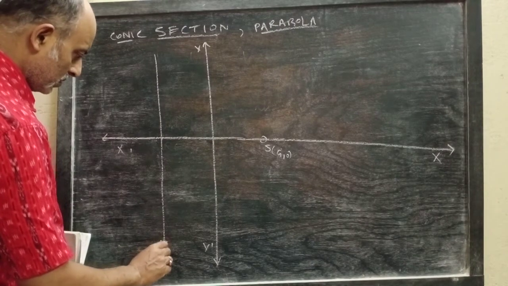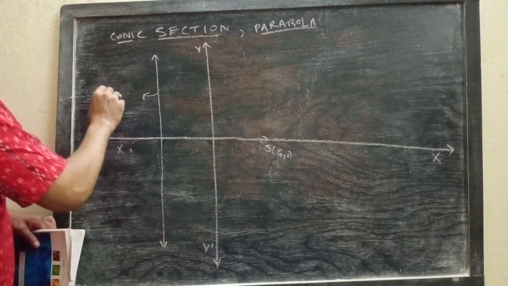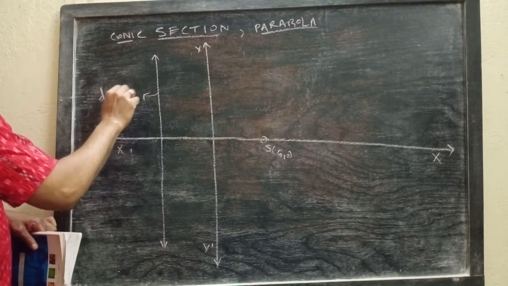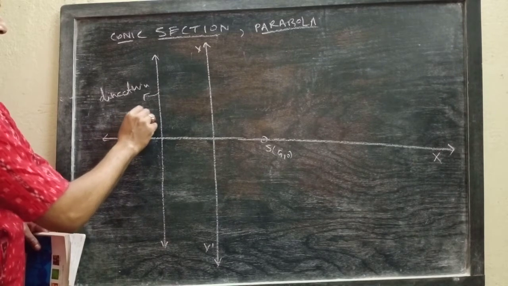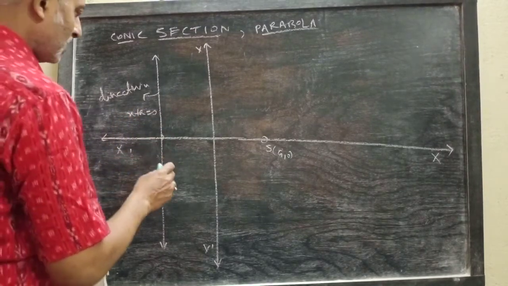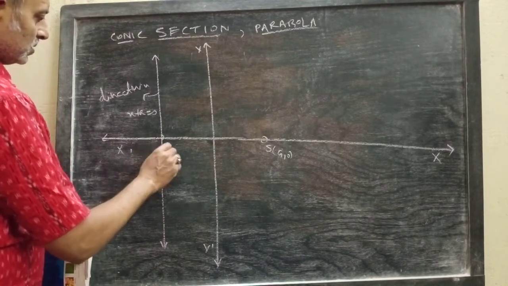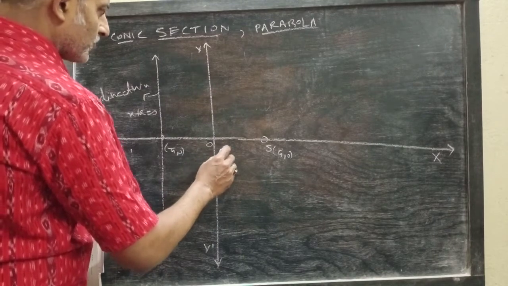This is our directrix. Its equation is x plus a equals 0, and the point where it intersects the axis is (minus a, 0). This is the vertex.